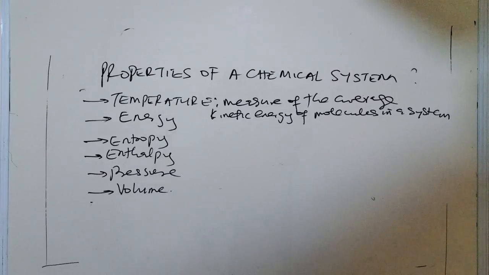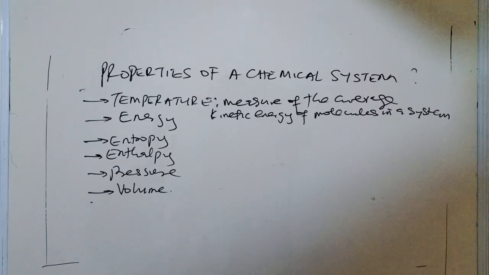The next property of a chemical system is energy, which is the capacity to do work. The next property is entropy, which we had defined before, the degree of randomness or disorderliness of a chemical system. The next property is enthalpy, which was defined before as the sum of the internal energy and the product of pressure and volume.